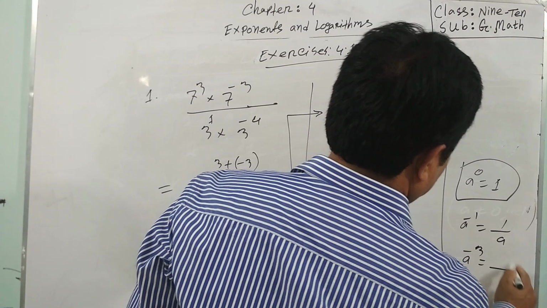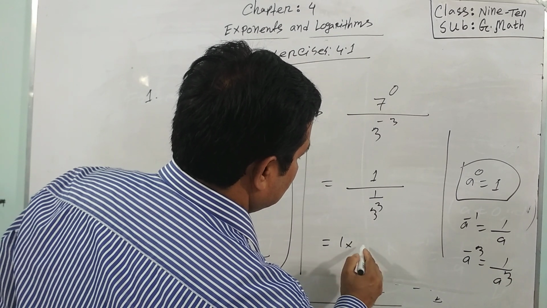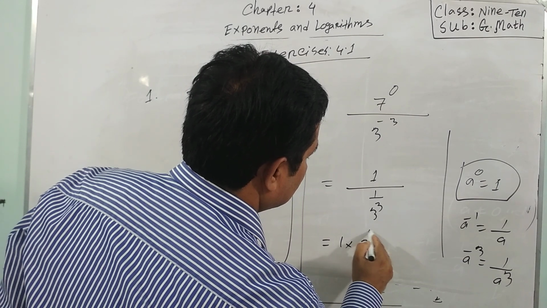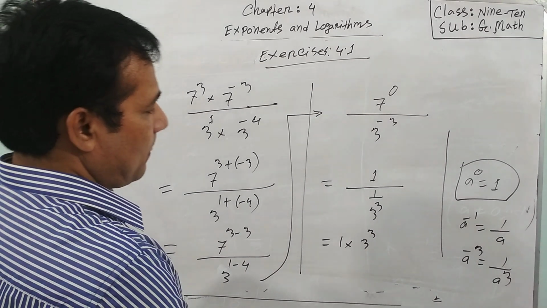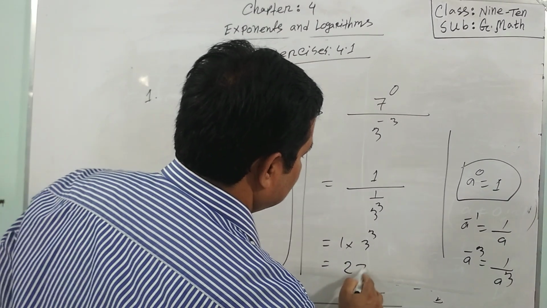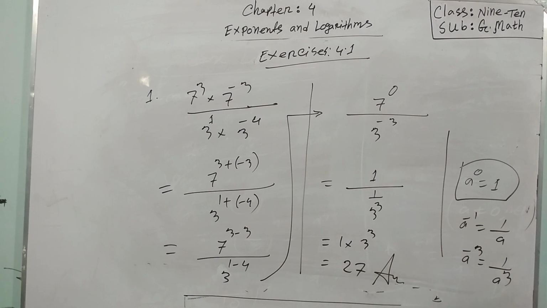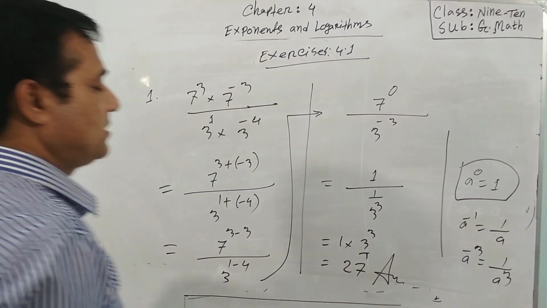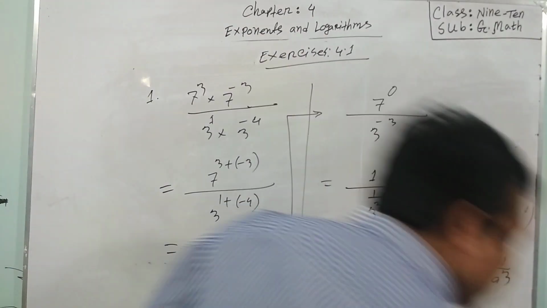A inverse 3 is 1 by a cube. This is the formula. 1 into 3 to the power 3, reciprocal, equals 27. This is the result. This is number one.